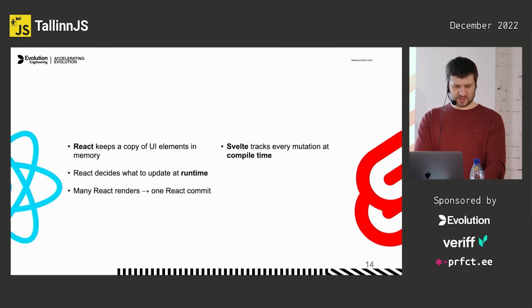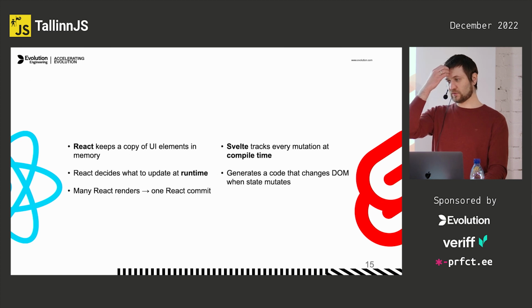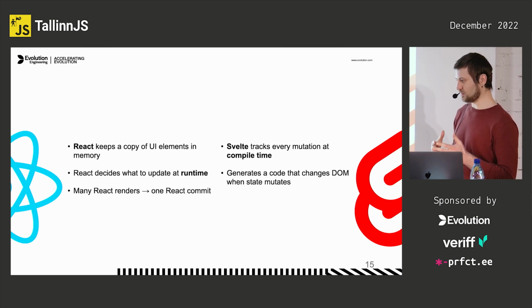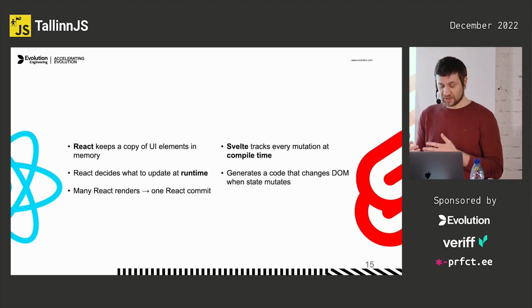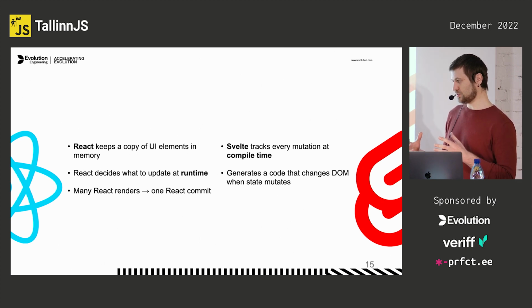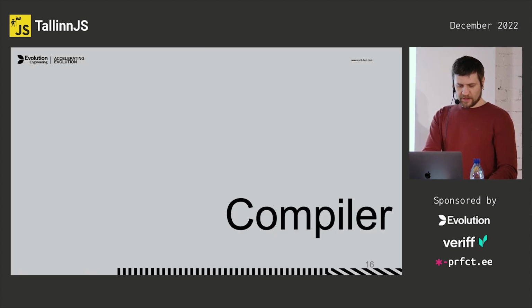Then Svelte applies changes in the real DOM, and it works faster because now we don't have a virtual DOM tree. We don't need a virtual DOM. Svelte actually doesn't make any changes in the virtual DOM or the real DOM. Svelte produces code which we will fire, and this code will make the changes.